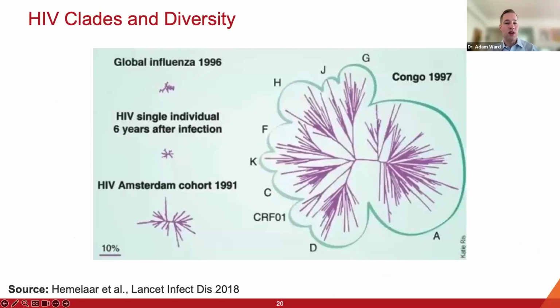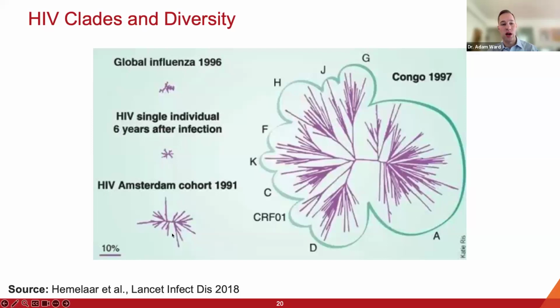So this figure is a little bit older now, but it shows the genetic diversity of HIV compared. This shows the total genetic diversity in this phylogenetic tree of the global influenza outbreak in 1996. And then this phylogenetic tree shows the total genetic diversity of HIV in a single person living with HIV for 6 years.